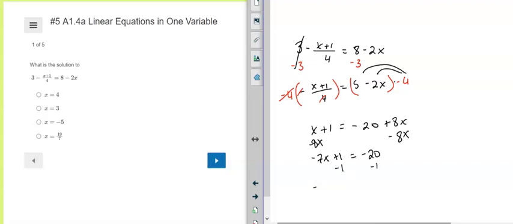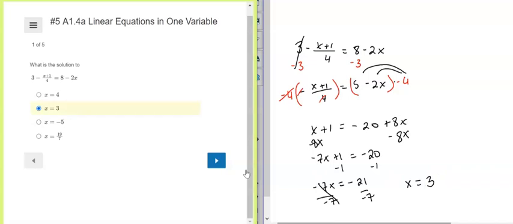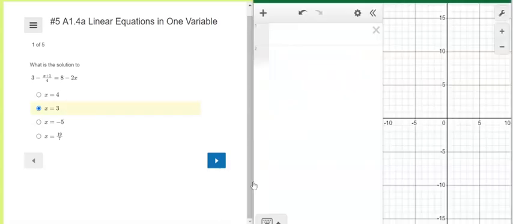Almost done here. So this is negative 21. Divide both sides by negative 7. x equals positive 3.